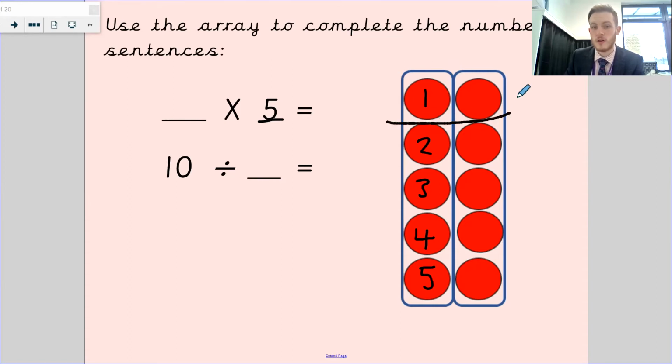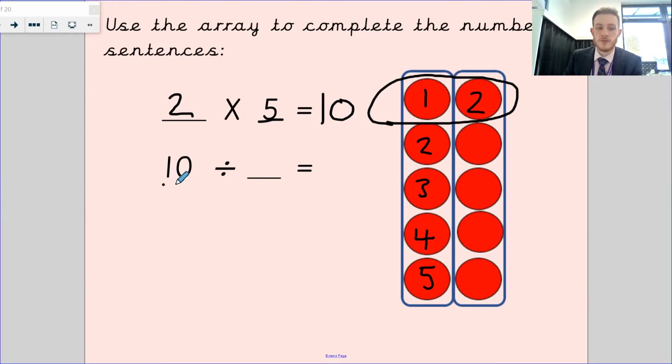I've got 1, 2 in my rows. So my rows are going to be 2. 2 lots of 5. 2 lots of 5 is 5, 10. My answer is 10.